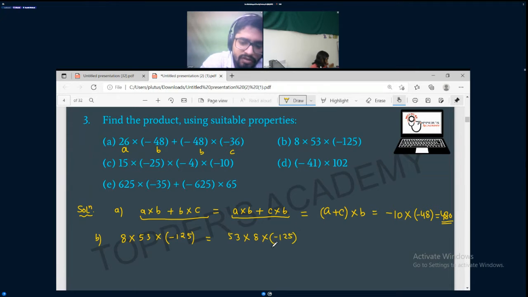Why? Because of the commutative property. Yeah. So now 8 into minus 125 is minus 1000. So this is 53 into minus 1000, which is equal to minus 53,000. Very good. Answer for the C part.